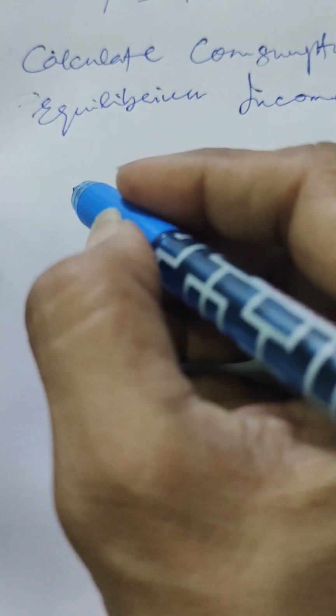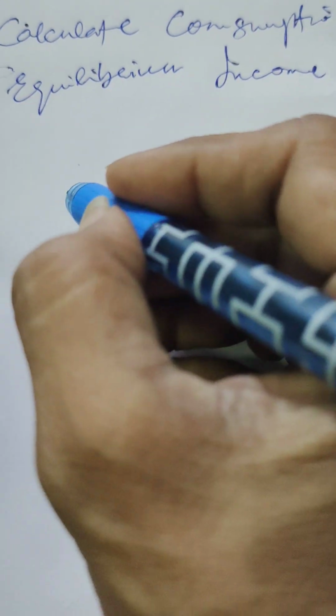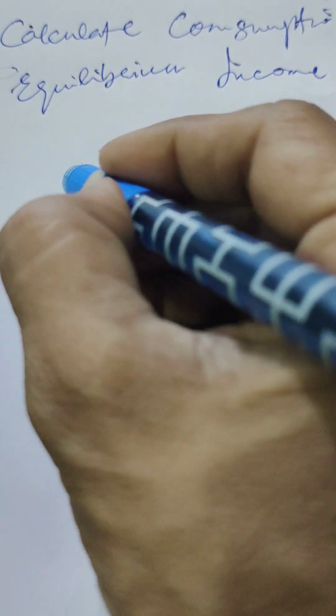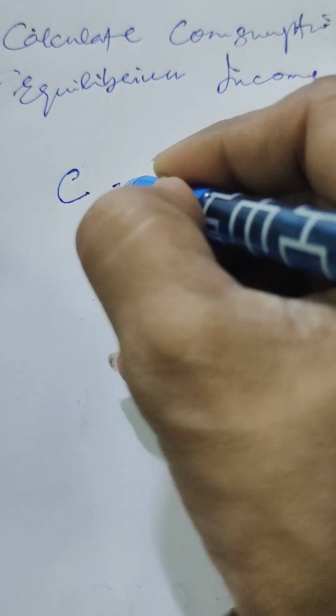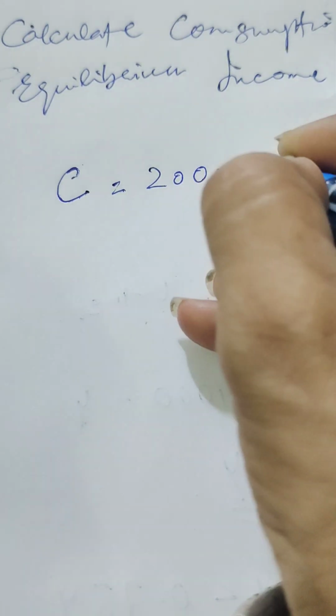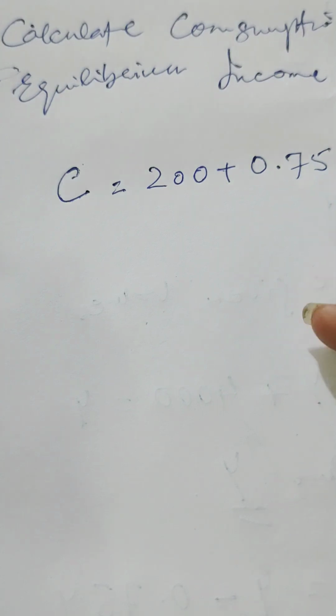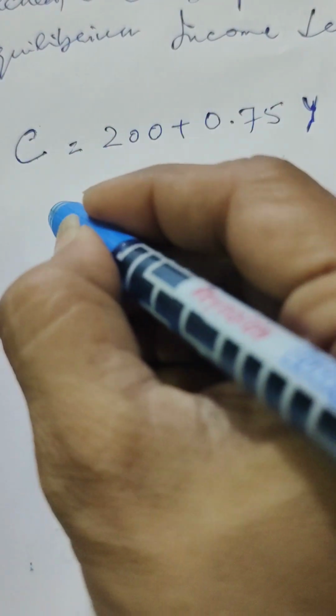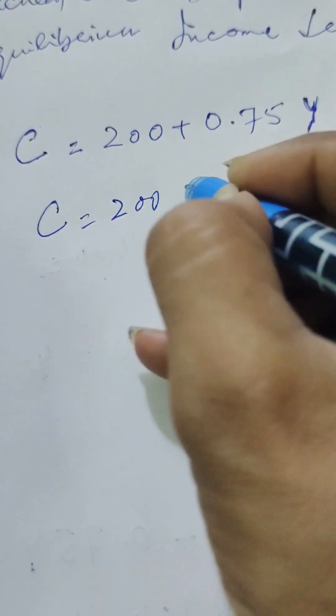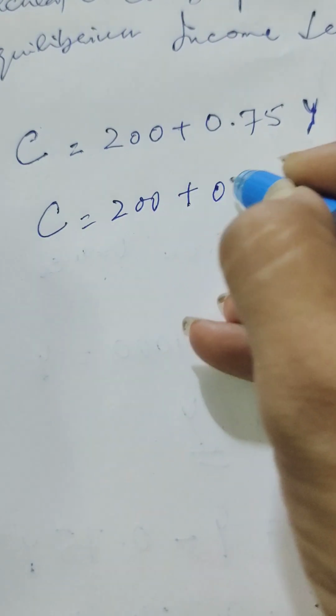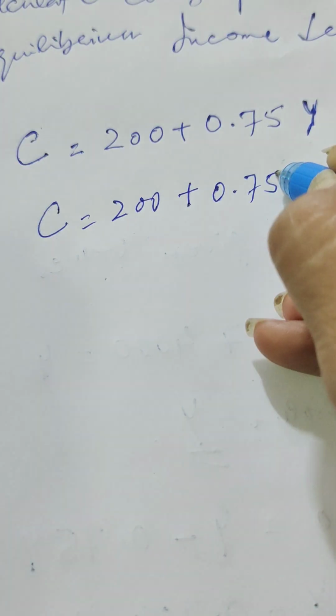Here we know that all these are formulae. It's not rocket science. You should know these. So consumption is equal to, given, 200 plus 0.75y, right? Remember? Now, so C is equal to 200 plus 0.75, and remember the income that we worked out? 16,800.